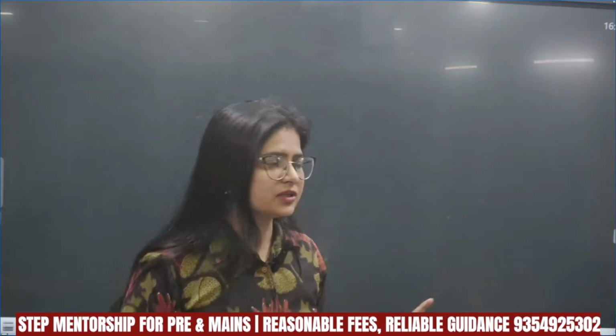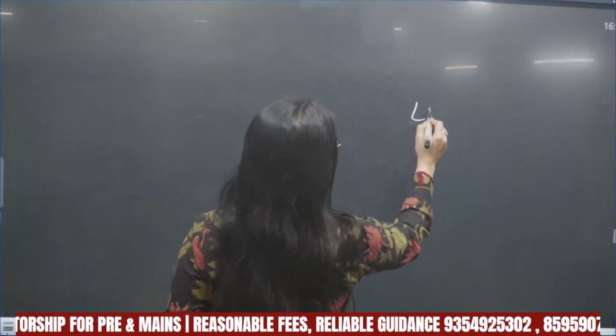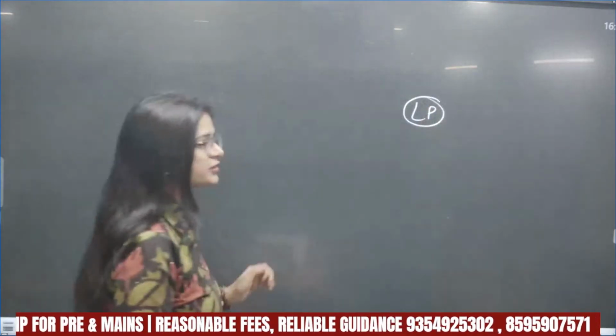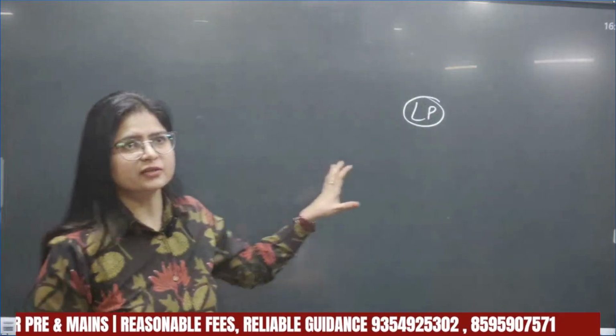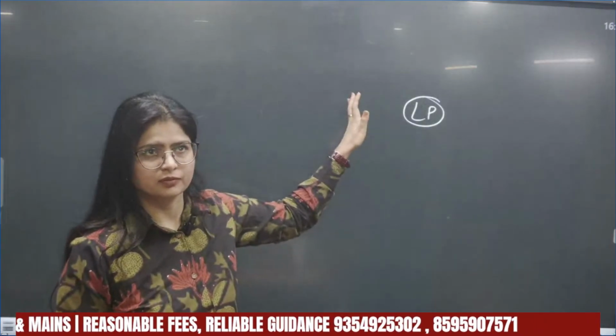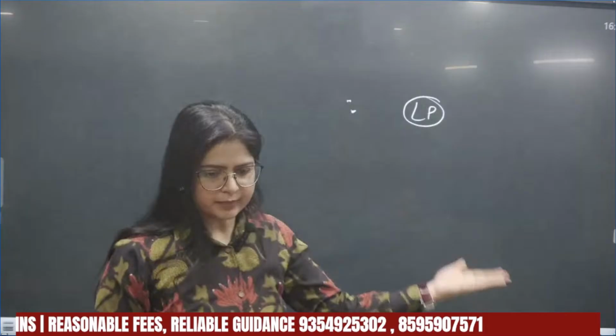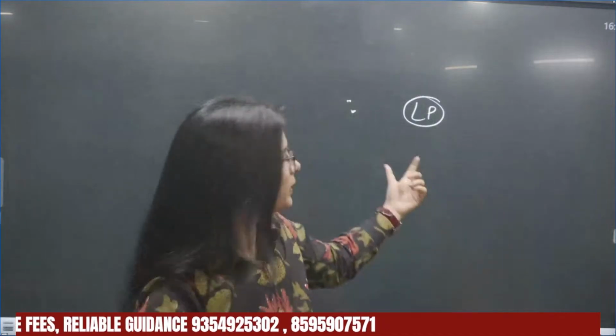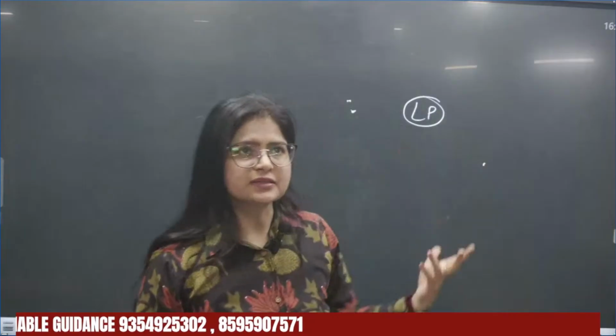What are these conditions? The first condition is that you should have low pressure. And low pressure is only possible when there is going to be more insolation. For example, abhi in April and May, you will see cyclones will start forming in which area? Particularly the Bay of Bengal area, right? And why are they forming in this particular area?